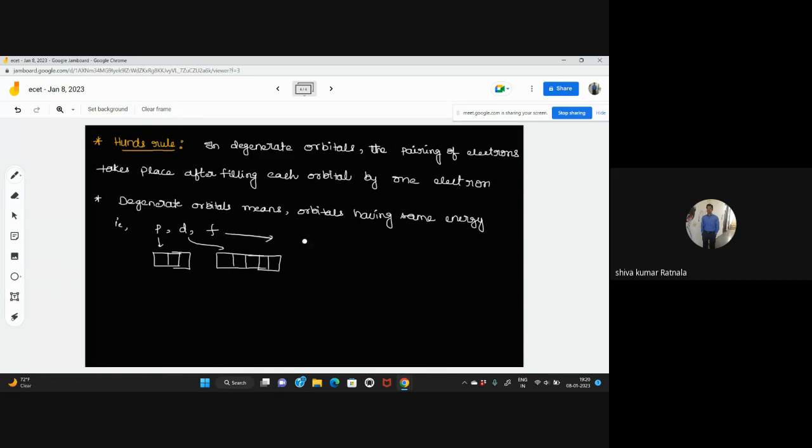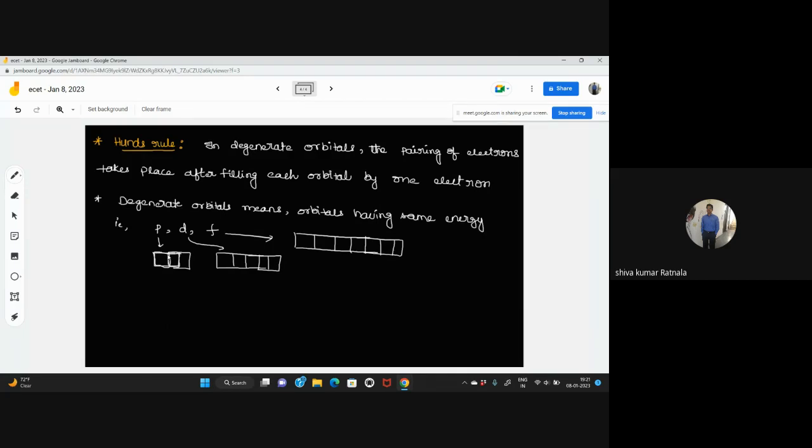And we know in the f orbital, there are seven suborbitals, right? So in this one, first we need to fill one electron in each orbital.